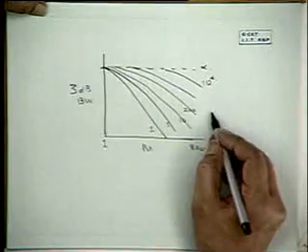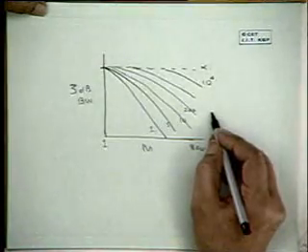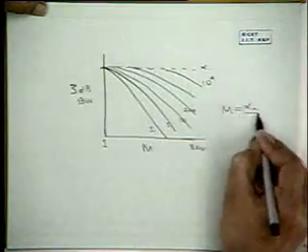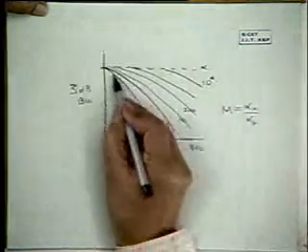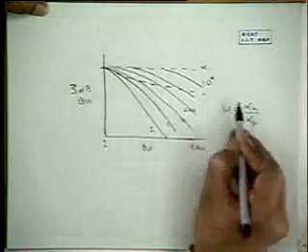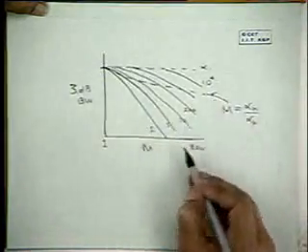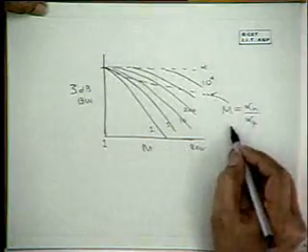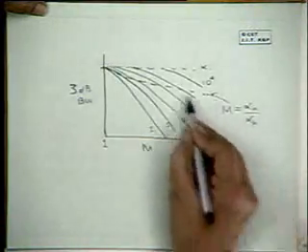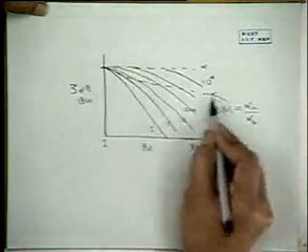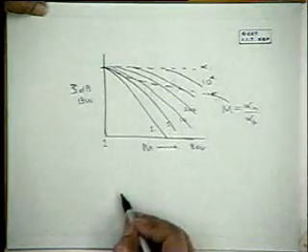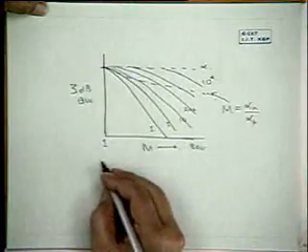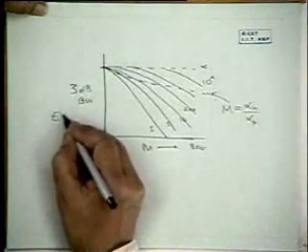And you find that for m equal to alpha n by alpha p, you get a variation something like this, where the bandwidth is almost constant, independent of gain. And this is for the special case of electron injection.